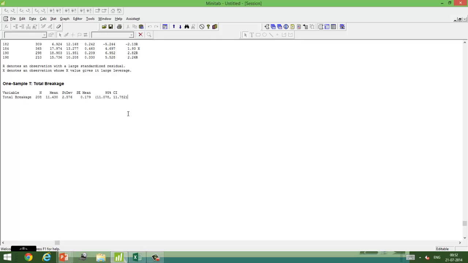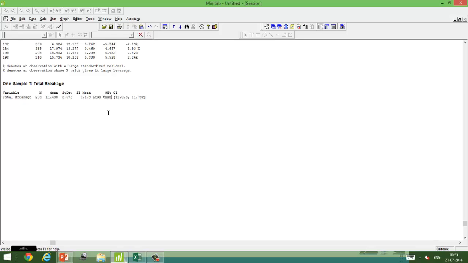Should you be doing a Six Sigma project, you must understand that your Six Sigma project goal statement must exceed the confidence interval. So if I am to do a Six Sigma project on improving the mean of my breakage, I must ensure that my target is less than 11.07, because in the breakage case, lesser will be better.